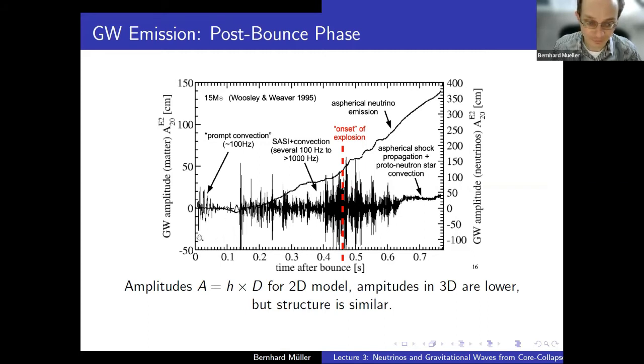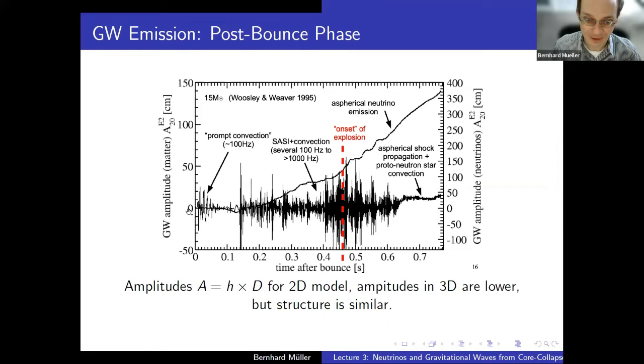So the first signature after the core bounce that you get, if you have no rotation, is this prompt convection signal that I just mentioned previously. Behind the shock, your entropy gradient becomes convectively unstable. That's not related to neutrino heating in this early phase. This is really simply the slowdown of the shock and how that slowdown changes the post-shock entropy.